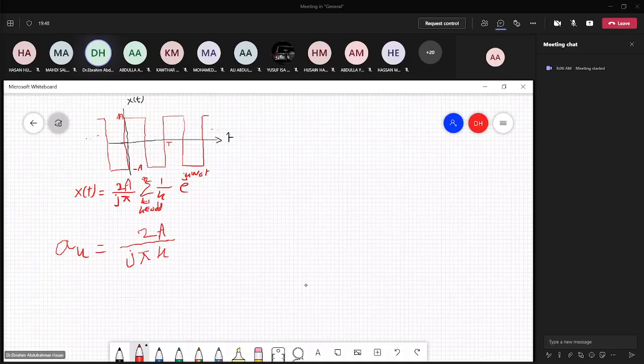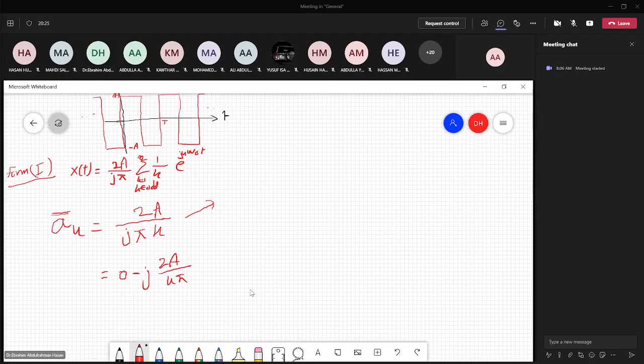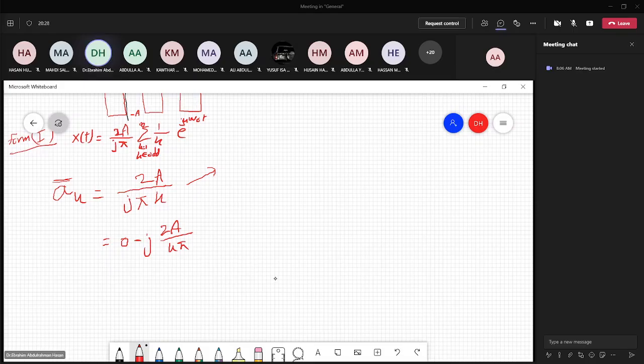Okay, this one, what is the magnitude? This is complex. Okay, this is form number 1. So then a k is complex. So what is the magnitude of a k? If you write this one, it is equal to 0 minus j 2a divided by k pi. Okay, so this is in rectangular.